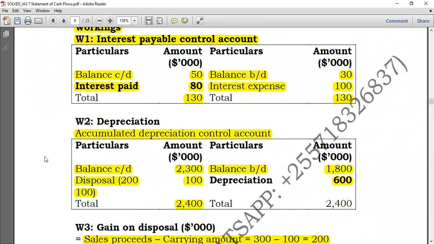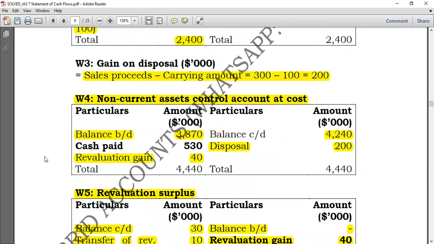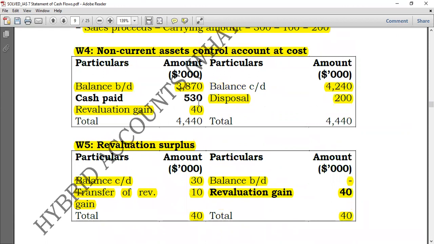Interest was closed, depreciation was done, gain on disposal, non-current assets not yet. So just take the higher figure between these two. So this one plus this one plus this one, 4,240 plus 200, you get 4,440, which is the higher amount here. So if you take this and subtract 3,870 and 40, you obtain 530.